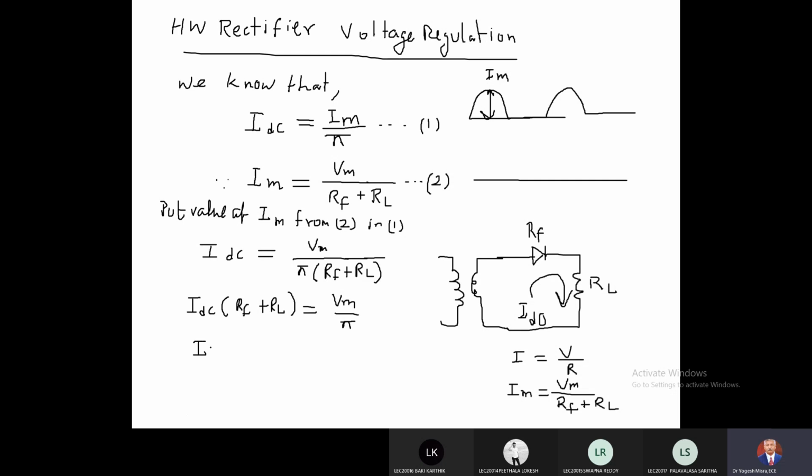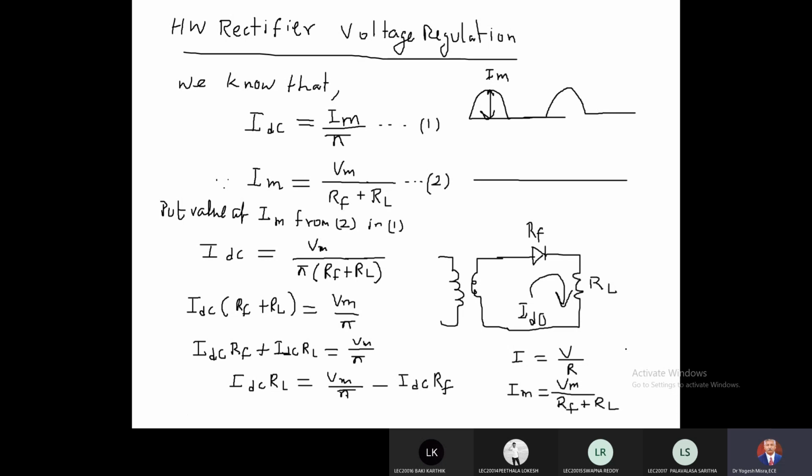Opening the bracket, we get IDC Rf plus IDC RL is equal to Vm by pi, or you can write it as IDC RL is equal to Vm by pi minus IDC RF.